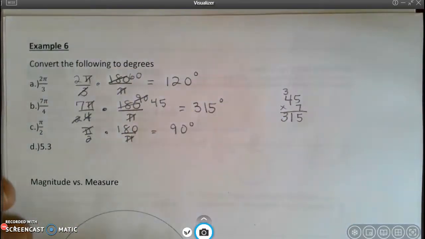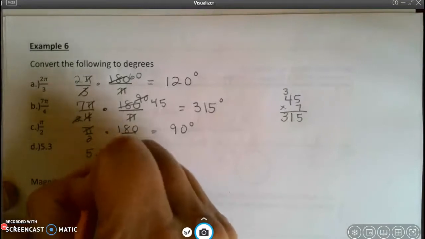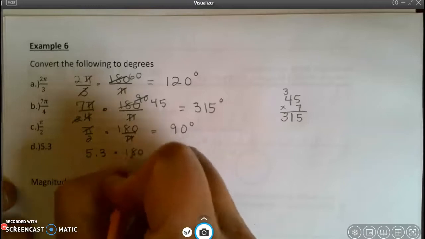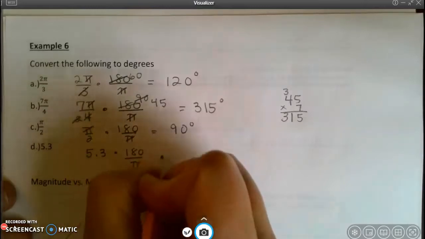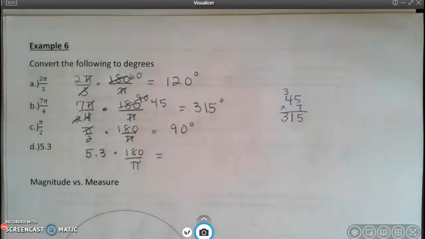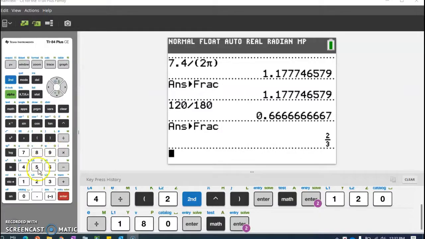My next one, letter D, I have 5.3. And since I'm converting to degrees, I multiply by 180 over pi. We're going to need a calculator for this one. And so I'll go to the calculator. So I've got 5.3 times 180.